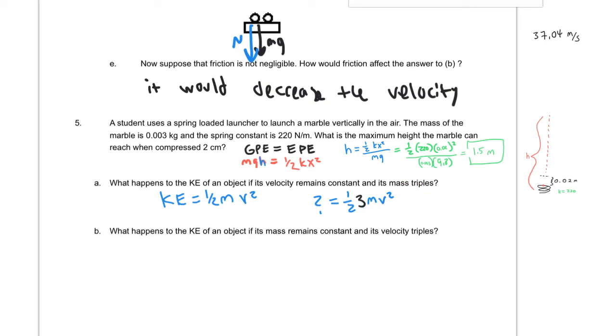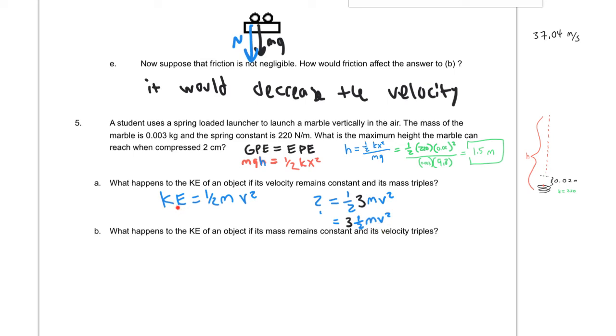Great. Well, this could be rearranged so that the 3 is kind of on the outside, because this is just a string of numbers being multiplied together, and multiplication is commutative, which means I could take this 3 and bring it over here. So the 3 is over here, and it's still the same thing as this. I'm just moving things around a bit. Now, isn't this 3 times the original kinetic energy equation?